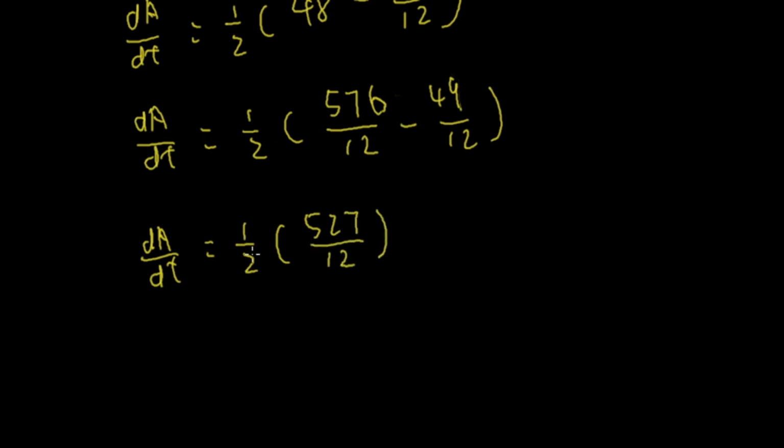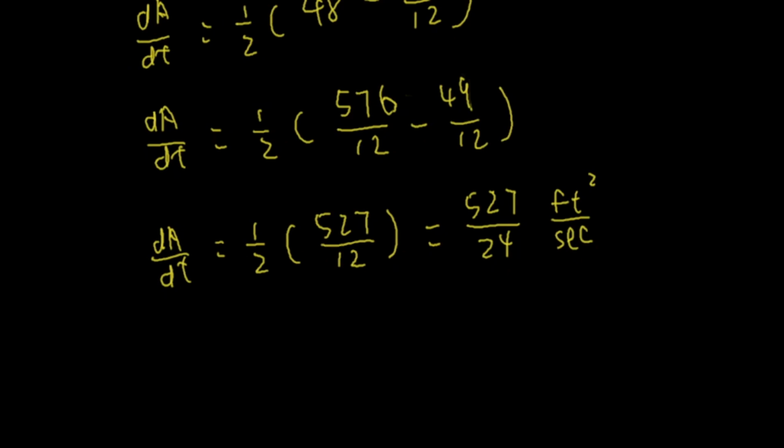We can multiply 2 by 12. We have 527 over 24. The unit is feet squared per second because it's area. Okay, so that's the answer. That's the rate of change of the area of the triangle. Okay, now part B is solved.